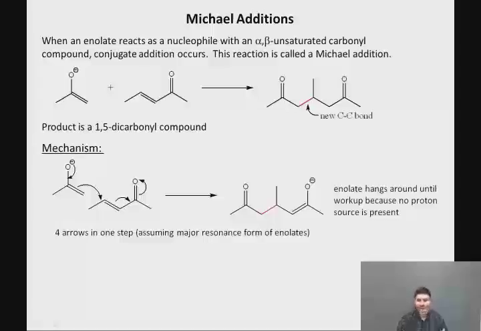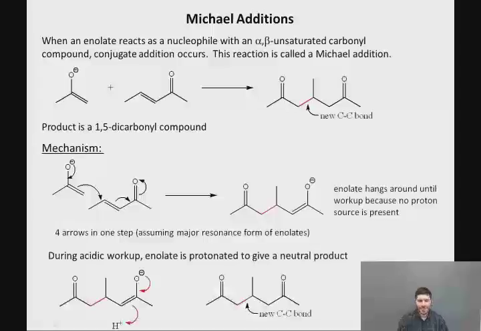And given that we are under basic conditions, in that we have an enolate starting the reaction and no proton source is present while this step is taking place on all molecules, this enolate is going to hang around until the workup. And then there needs to be an acidic workup, as is true for many of these reactions. During the acidic workup, the enolate is protonated to give the neutral product.